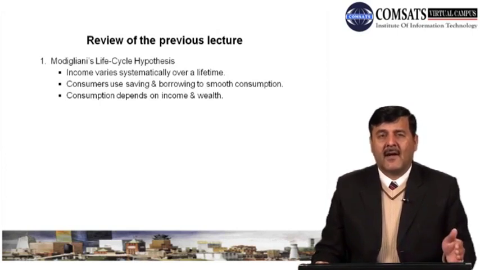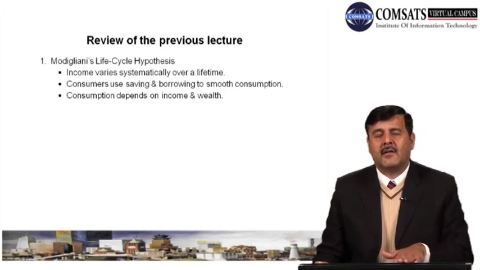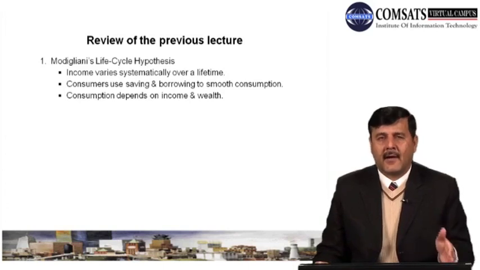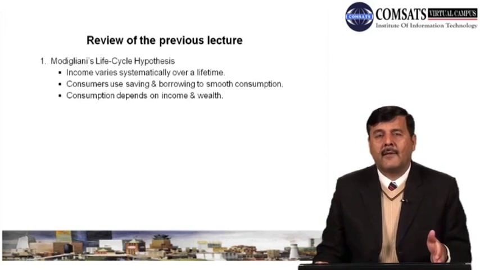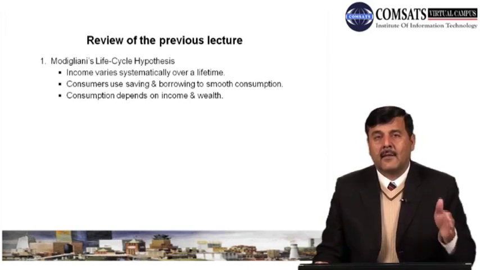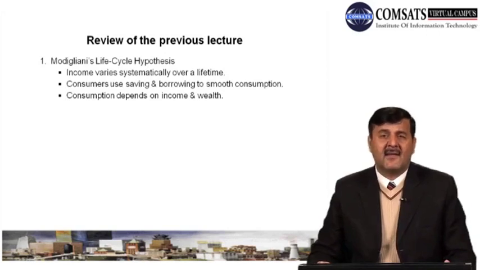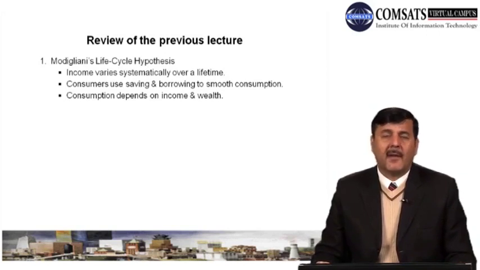Now consumption puzzle क्या थी? Keynes ने ये कहा कि consumption depends on current income. Now APC falls as income rises. APC rises as income falls. But Simon Kuznets, who criticized this, said that APC remains stable if we talk about long time series data.